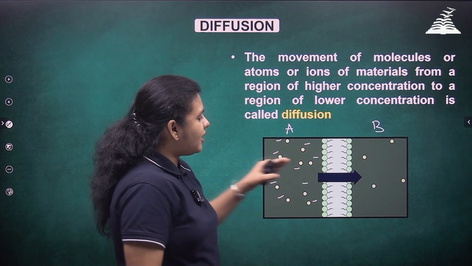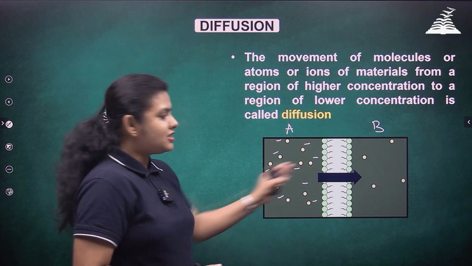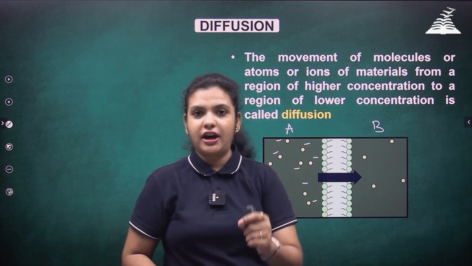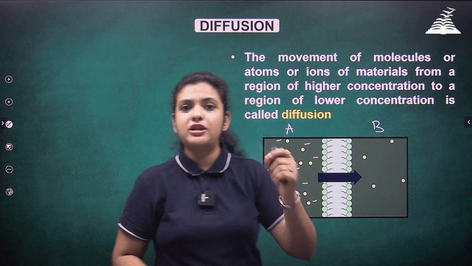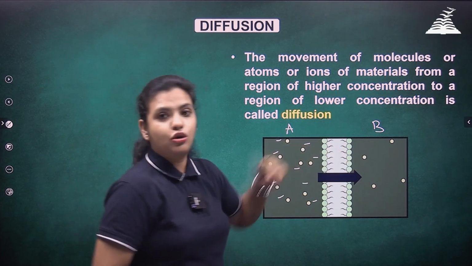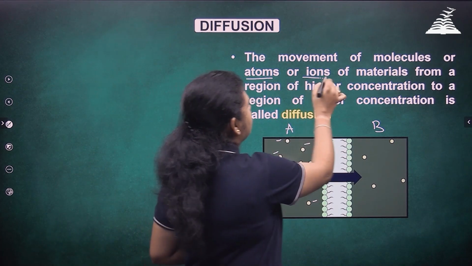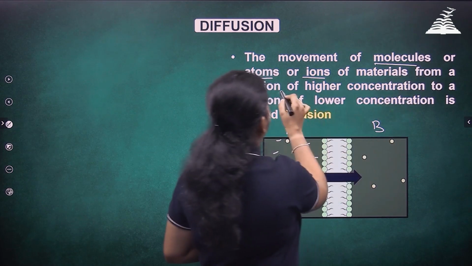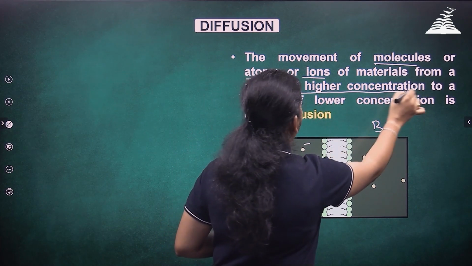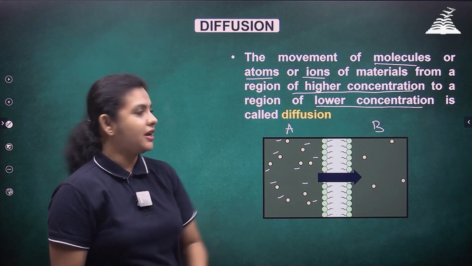Molecules move from higher concentration to lower concentration. Simple. This is what diffusion is. Movement of molecules. Which molecules? Solute molecules. From higher concentration to lower concentration is diffusion. Atoms, ions or molecules, higher concentration to lower concentration. These are the terms that you should keep in mind.